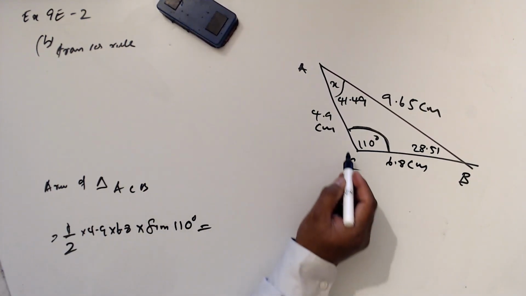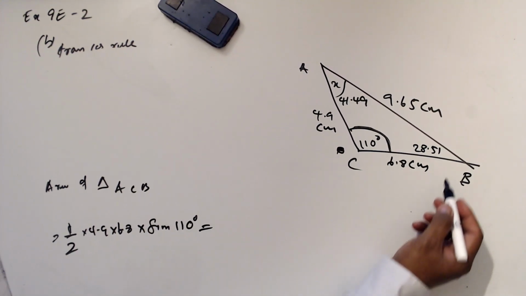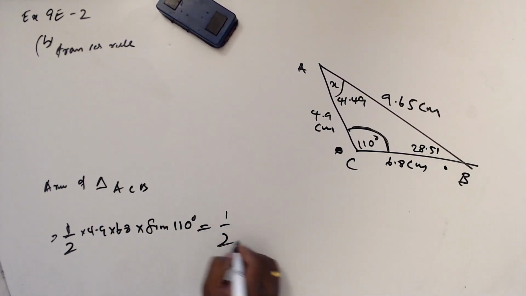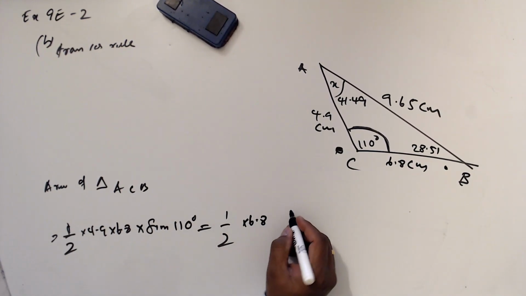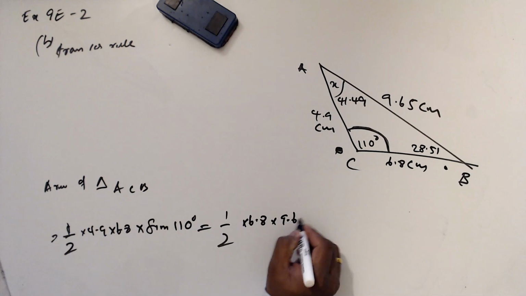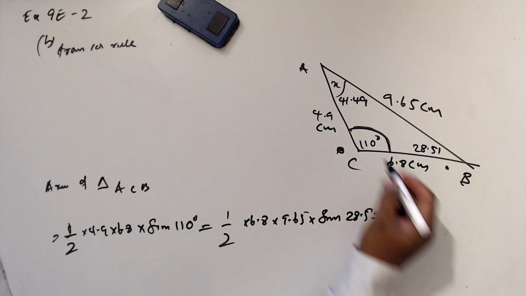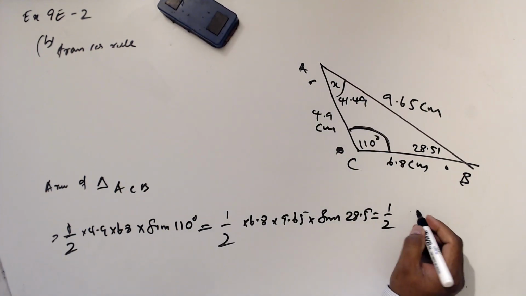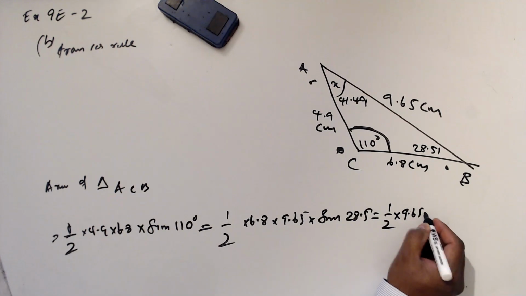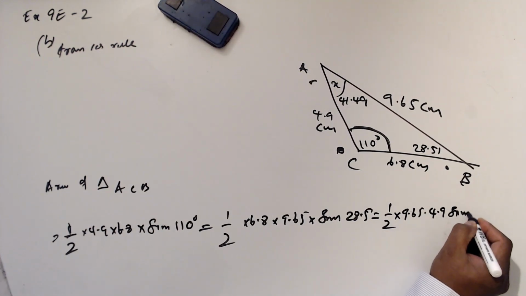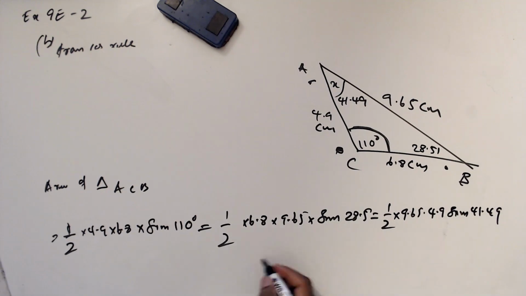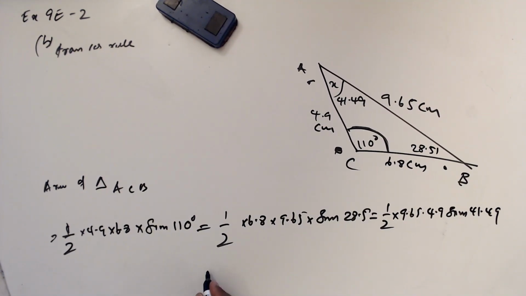So I use this angle. Now I'm going to use this angle: half times 6.8 times 9.65 times sine 28.5. Now I want to use half times 9.65 times 4.9 times sine 41.49. Any of these works, and you will get the answer 15.7 square centimeters.